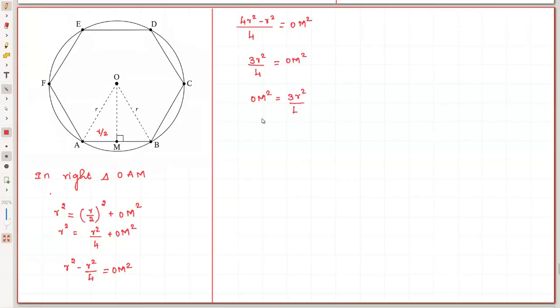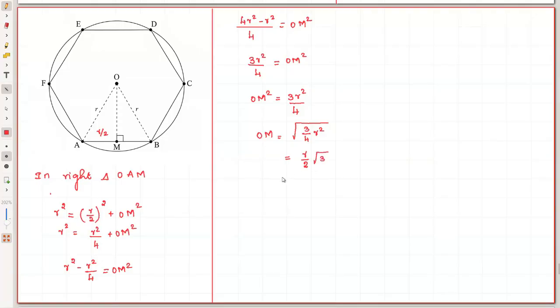So actually we have to find out only the OM length. OM is equal to square root of 3 by 4 R square. Now 3 is not a perfect square number, we cannot take it out. But 4 is a perfect square number, so I can take it out. R square can also be taken out, so R will be left outside. Square root of 4 is 2, so 2 will be left.